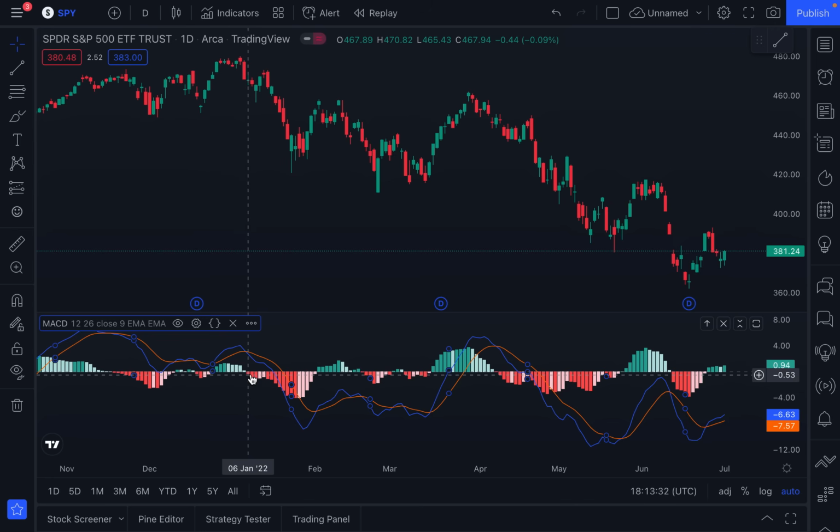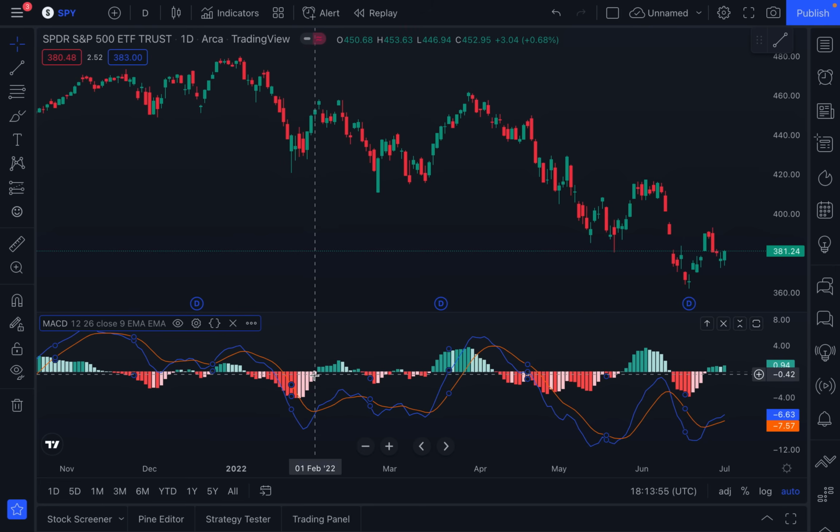And so what do we see in the histogram? We see red bars. Now, on the other hand, when the MACD line crosses the signal line upwards, so right here we have the blue line, the MACD line, crossing above the signal line, the orange line, you are going to see green bars. That is how this histogram works here.